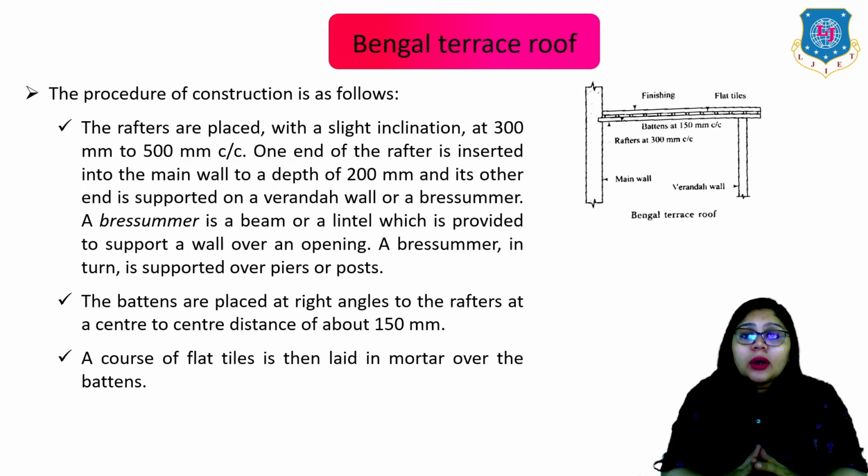The veranda wall is a beam or a lintel provided to support a wall over an opening, which in turn is supported over piers or posts. The battens are placed at right angles to the rafters at a center to center distance of about 150 mm, and a course of flat tiles is then laid in mortar over the battens.